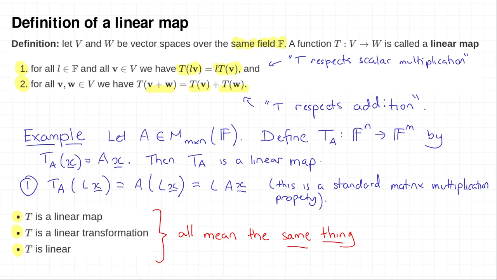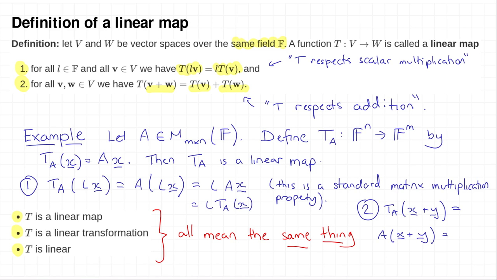Similarly, property 2 holds as well, because if you look at T A of a sum of two column vectors, that's A multiplied into x plus y. So actually let me just go back there and rewrite this as L times T A of x. So you can see this really did obey property 1.